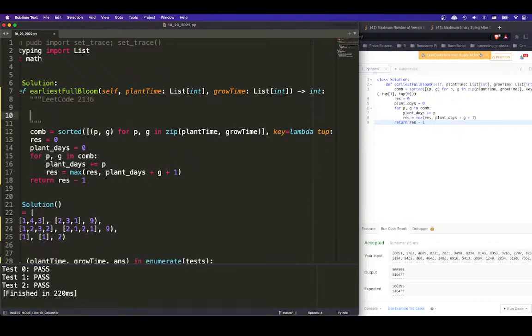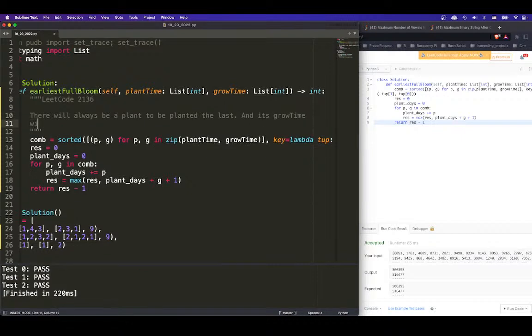Okay, the reason is there will always be a plant to be planted last, and its grow time will determine the total time needed for bloom.